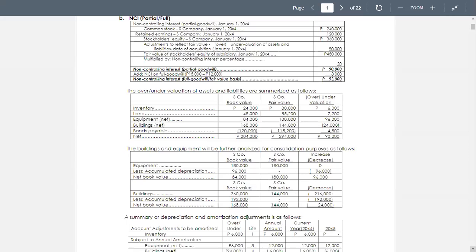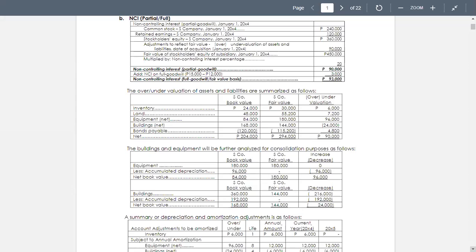84,000. That's the difference between 180 and 96. So you have 84,000. And we have the fair value of 180,000. So again, there is an undervaluation equal to 96,000. We have the buildings at net of 168,000. The difference between 360,000 and 192.